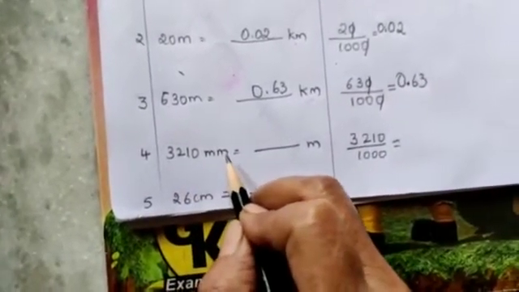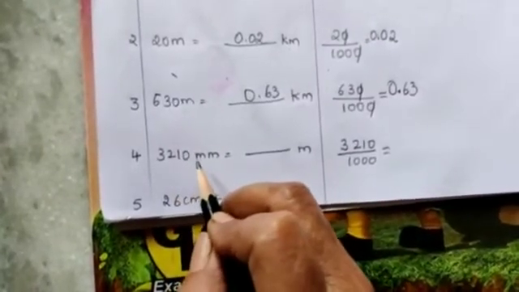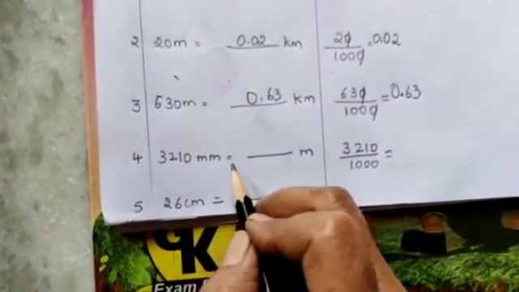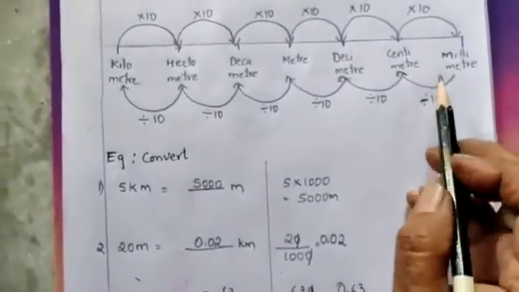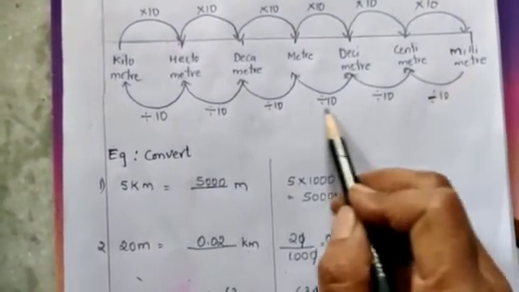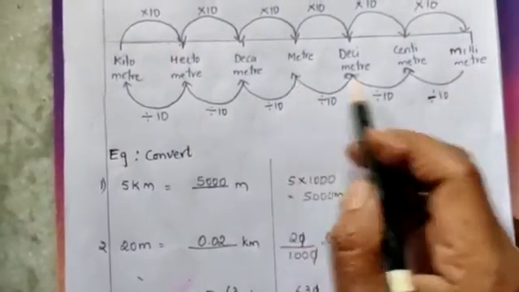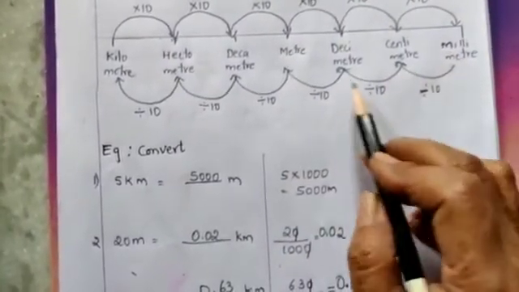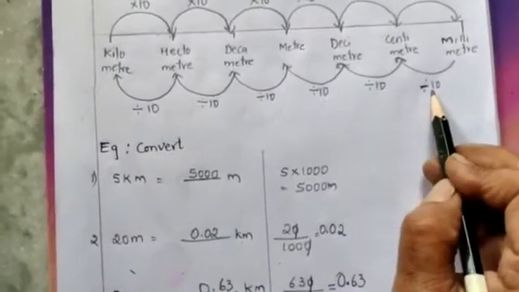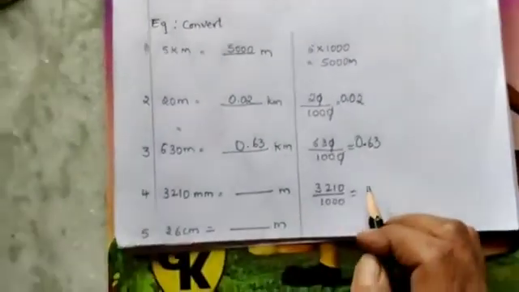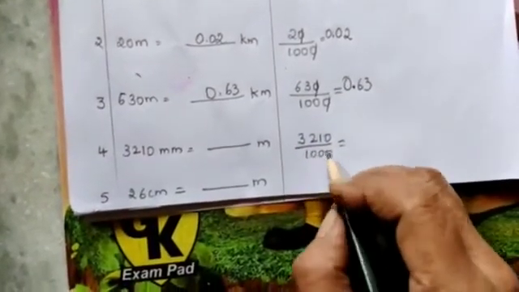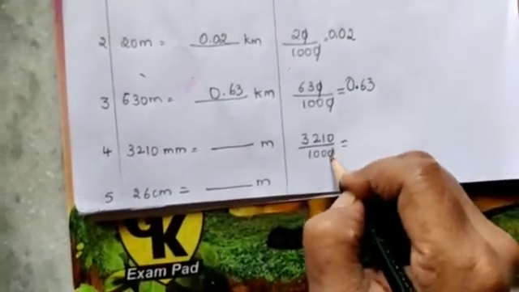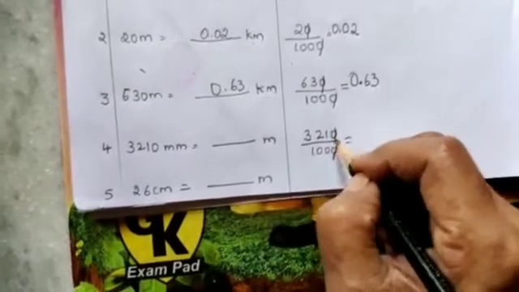Next, the fourth question, 3210 millimeters is equal to dash meters. See, you are converting millimeters to meters. So you have to divide. Millimeters to meter, divide how much? 1000. So 3210 divided by 1000. Here this 0 cancels.